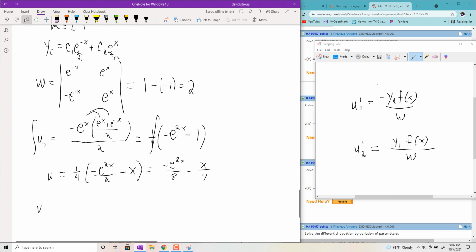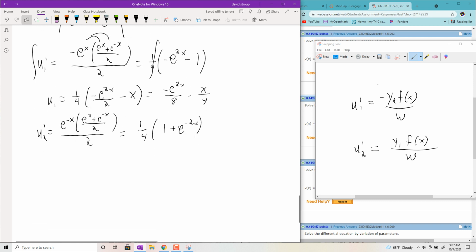Then u2 prime is y1, so e to the negative x times f of x, which is e to the x plus e to the negative x over 2, all over the Wronskian of 2. Again, you get 1/4 times, if you distribute e to the negative x, 1 plus e to the negative 2x.